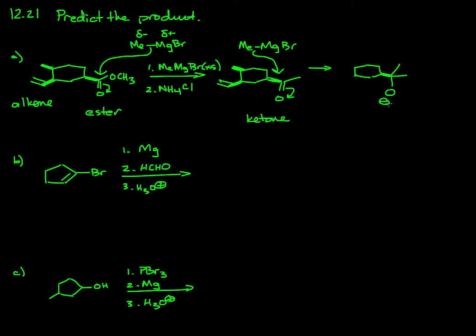So oxygen now bears the negative charge. The cation is going to be this magnesium bromide. And we'll fill in the rest of our non-participating functional groups.